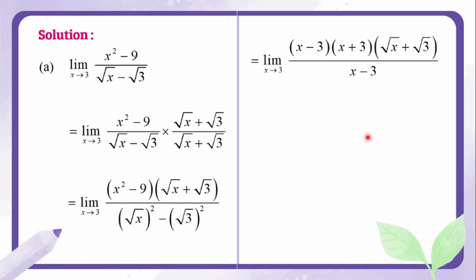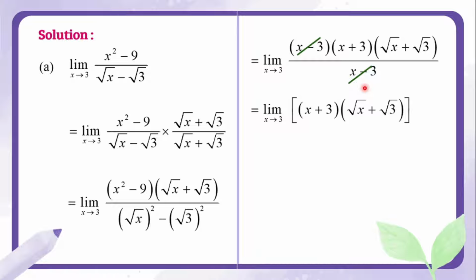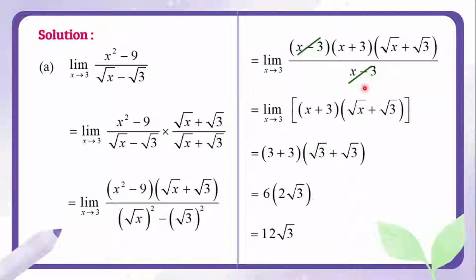Here we notice that we have x − 3 on the top and bottom, so we can cancel x − 3 and just leave the limit of (x + 3)(√x + √3) as x approaches 3. Now we substitute 3 and get (3 + 3)(√3 + √3). Simplify, and lastly, the limit value is 12√3.